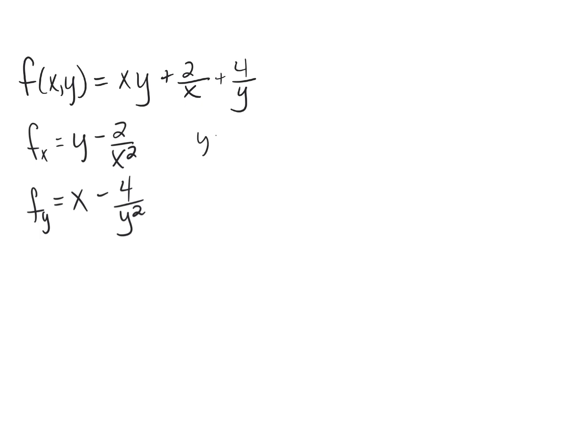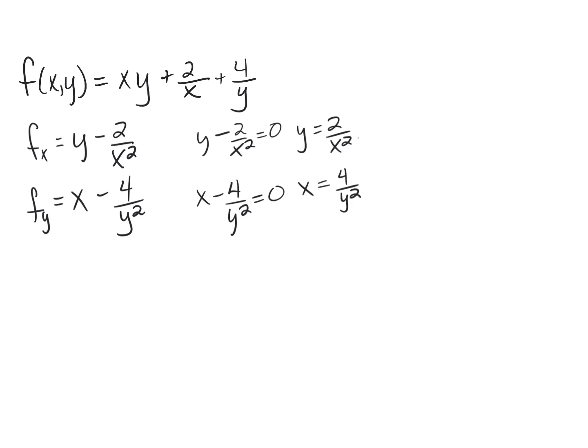Okay, let's set these guys equal to 0 and find our critical points. So y equals 2 over x squared for the first one, and in the second one, x is going to equal 4 over y squared. So I can take one of those and plug it into the other and see what happens.